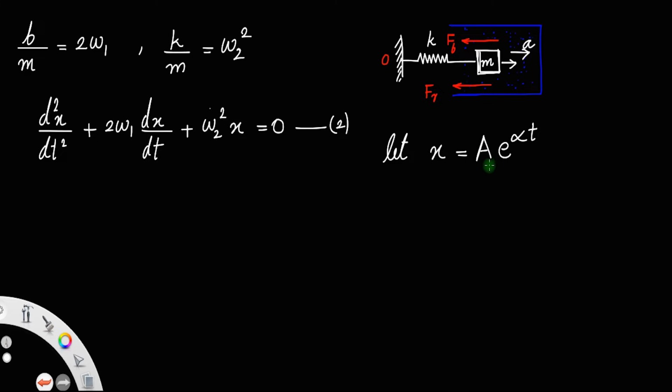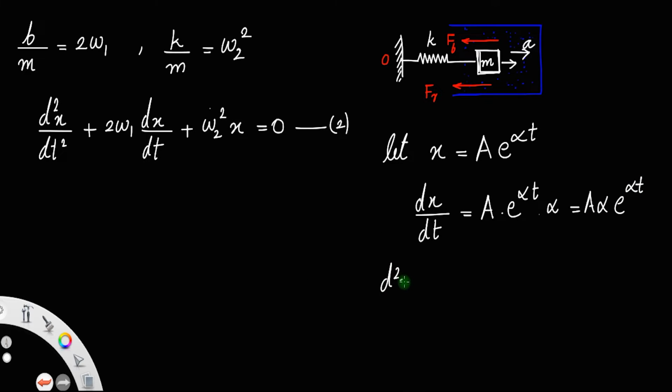So let's plug in x is equal to a e raised to alpha t in here. So dx by dt is equal to a, a is constant, into e raised to alpha t, derivative of e raised to alpha t is e raised to alpha t times derivative of alpha t, which is alpha. That is a alpha e raised to alpha t.